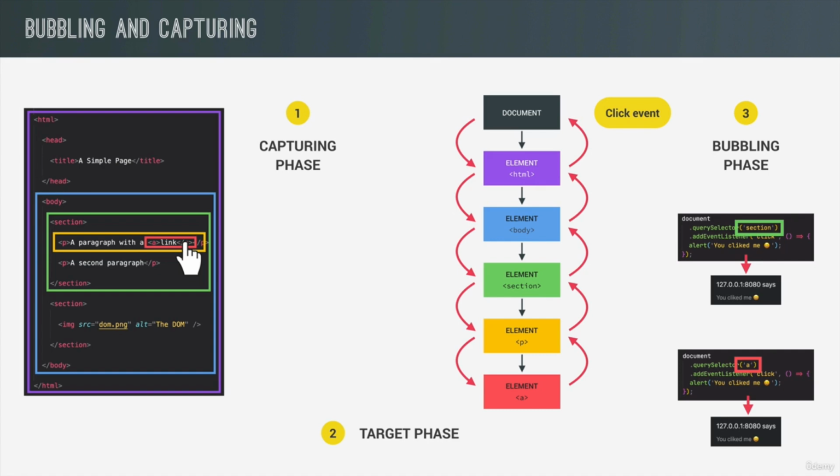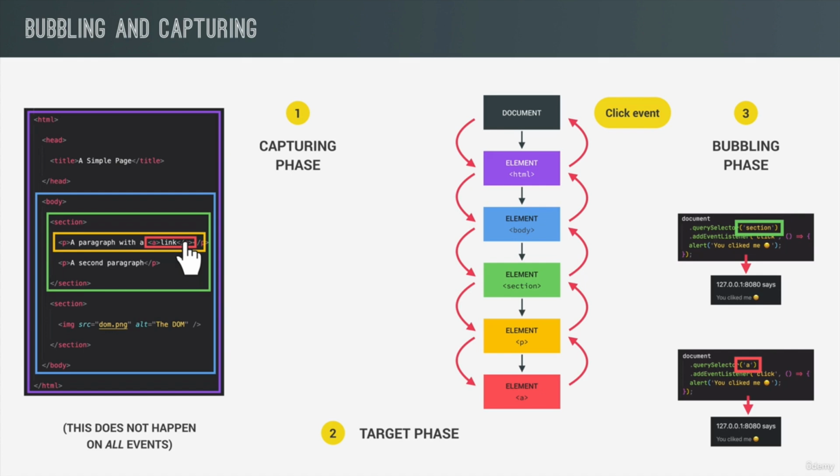Now, by default, events can only be handled in the target and in the bubbling phase. However, we can set up event listeners in a way that they listen to events in the capturing phase instead. Also, actually, not all types of events have a capturing and bubbling phase. Some of them are created right on the target element, and so we can only handle them there.